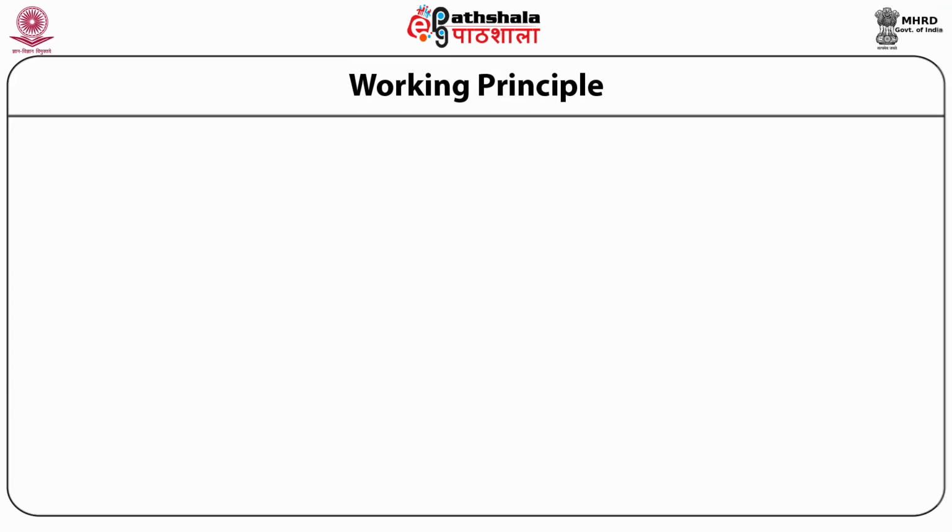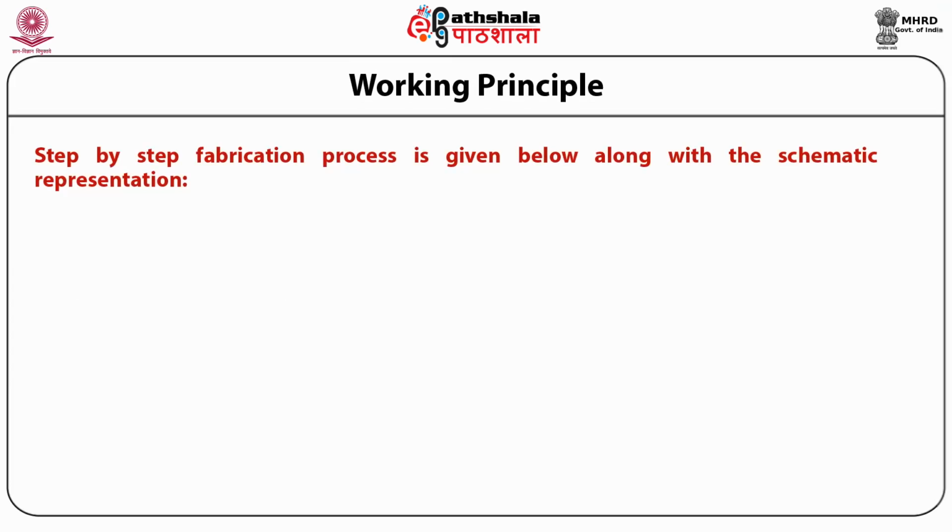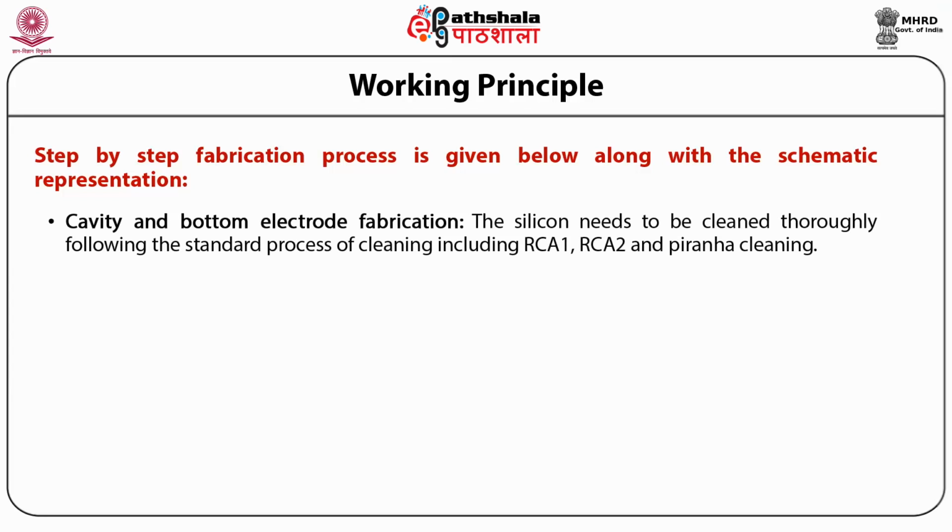So students, now let us discuss the fabrication process for the pressure sensors step by step, which are shown below with the schematic representation. The first step is cavity and bottom electrode fabrication. The silicon needs to be cleaned thoroughly following the standard cleaning process including RCA1, RCA2 and piranha cleaning.